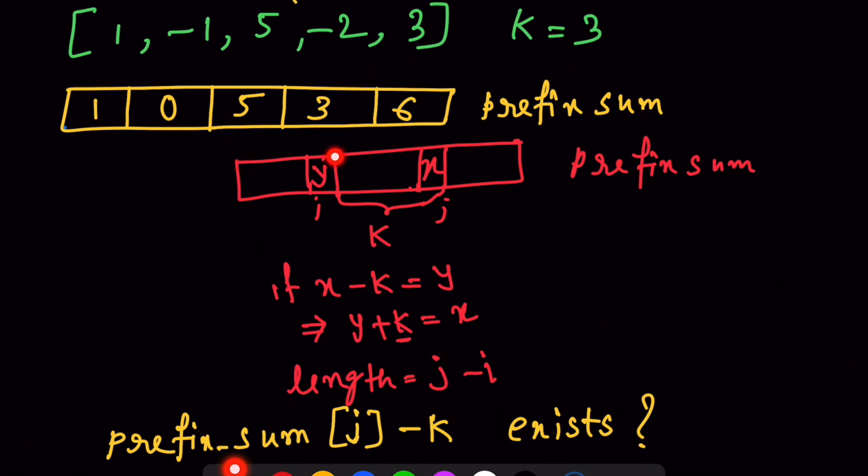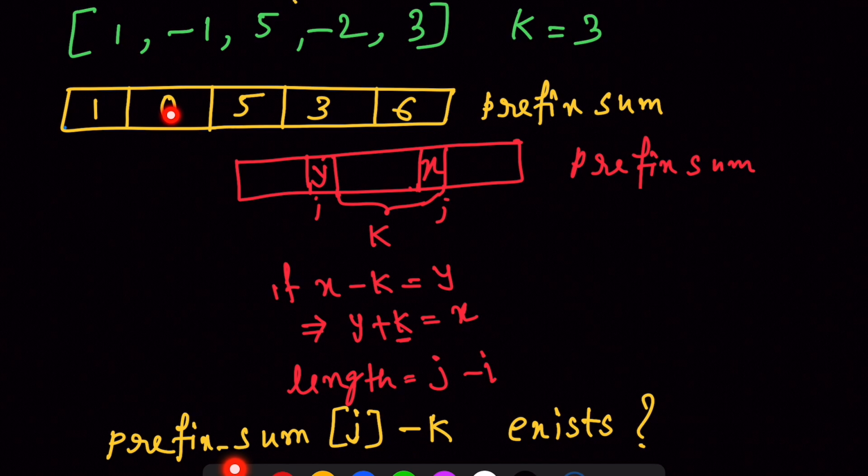We don't know the starting point yet. So that means we need some prefix sum that will be x minus k in the left part. Basically my target here is now prefix sum of j minus k. We'll just look for whether prefix sum of j minus k exists in our array.